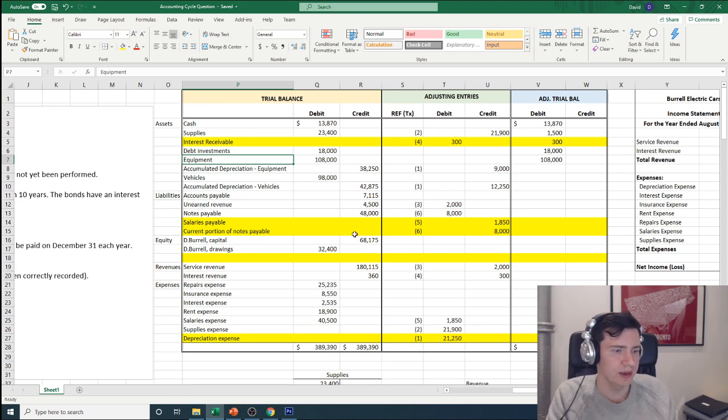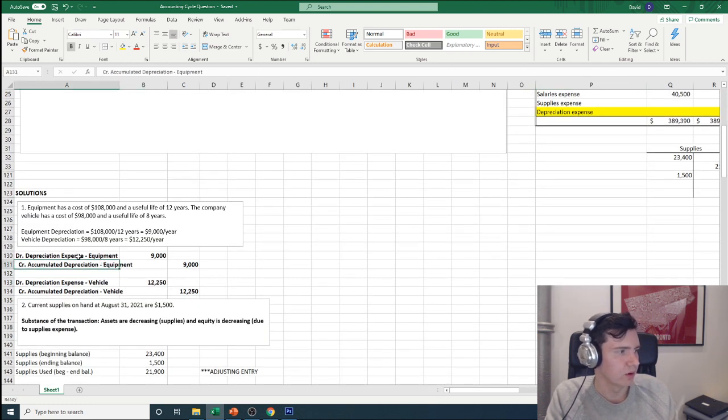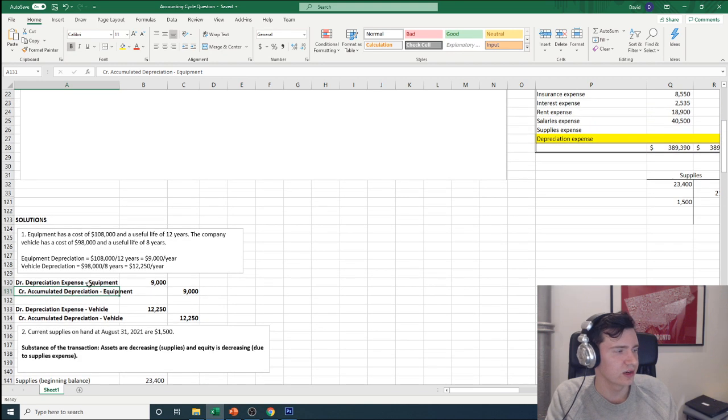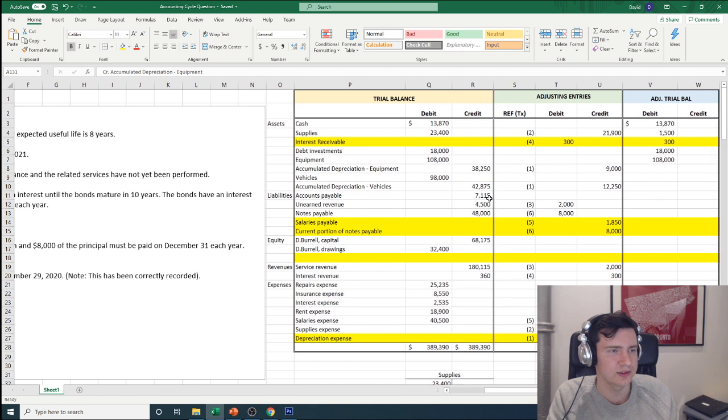So when we made this expense entry down here, the reason why we needed a credit account was to offset that amount. So we credited the contra asset account, and the contra asset account gives us a really illustrative idea of how much depreciation that we've accumulated over time. So if we just credited the equipment account directly, we wouldn't have a good understanding of knowing how much total depreciation has occurred.